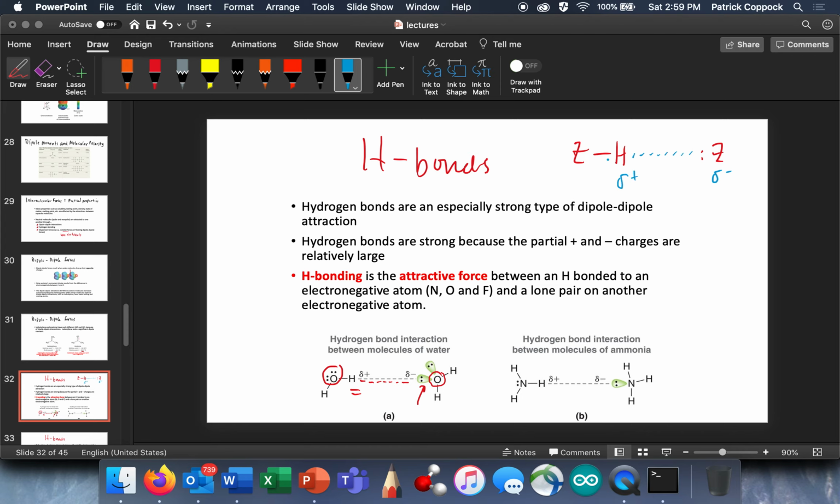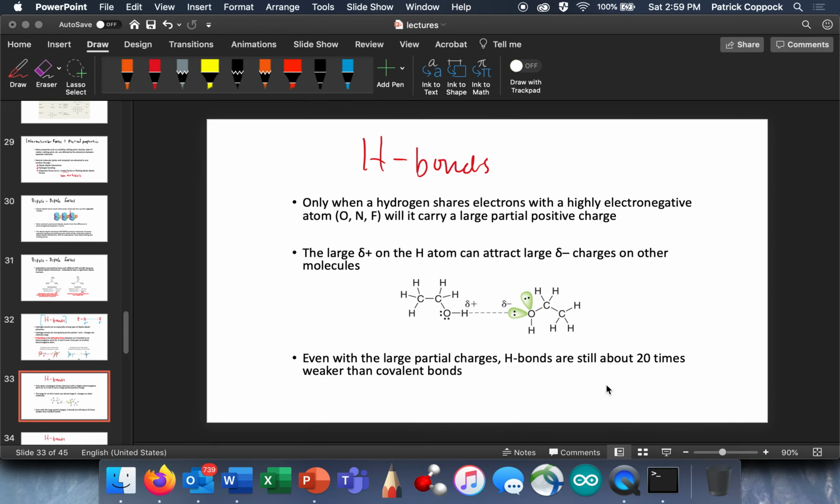This will be a partial plus because it's bonded to an electronegative element. And that dipole-dipole interaction is called a hydrogen bond. Here's another electronegative element, nitrogen. There's a hydrogen that's bonded to an electronegative element, and therefore it makes a hydrogen bond. Okay? Hydrogen bonding is huge, very important in nature.